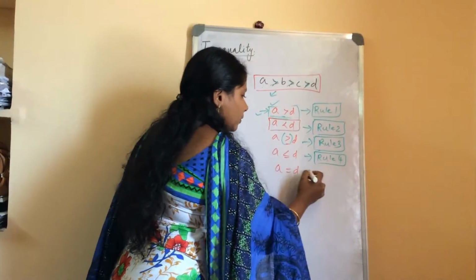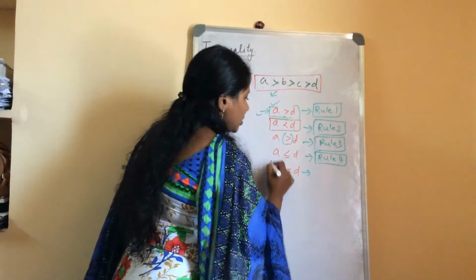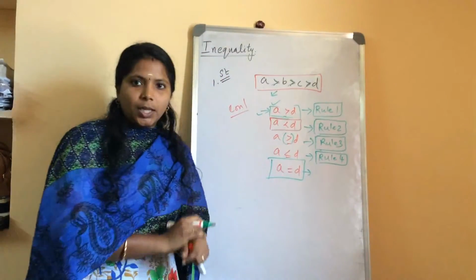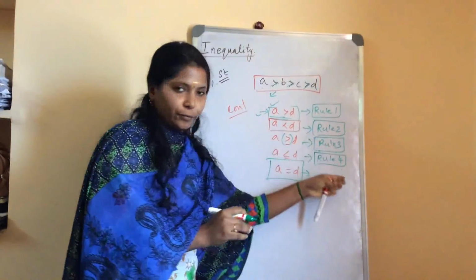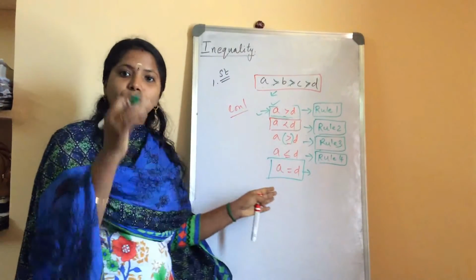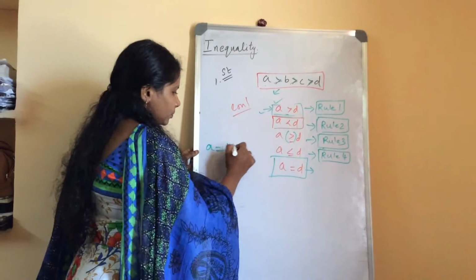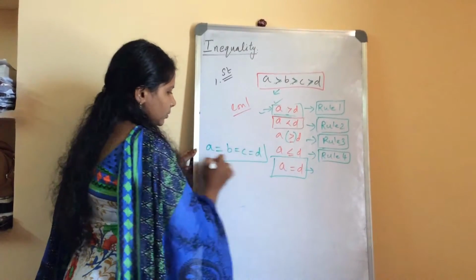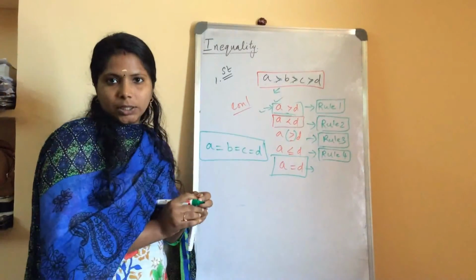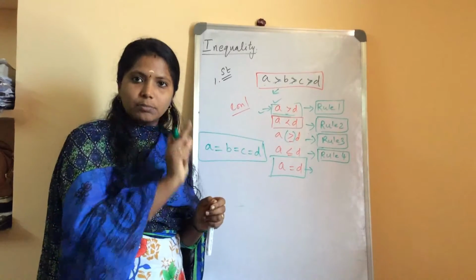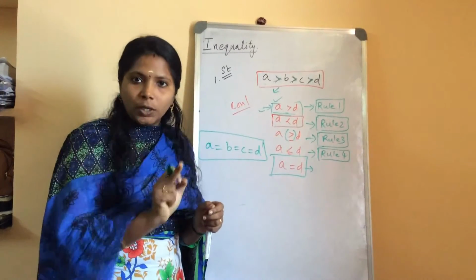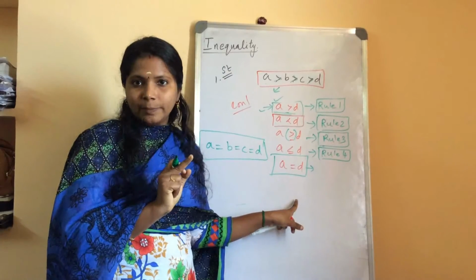And coming to rule number 5, which is equal to D. Like rule number 3 and 4, rule number 5 also, throughout the statement, it should be the equal to symbol from start to end. Then if you find the equal to symbol throughout the statement, only then this conclusion will be true.